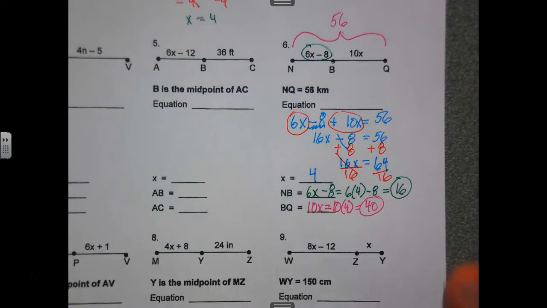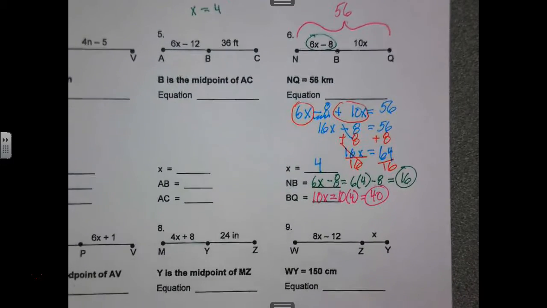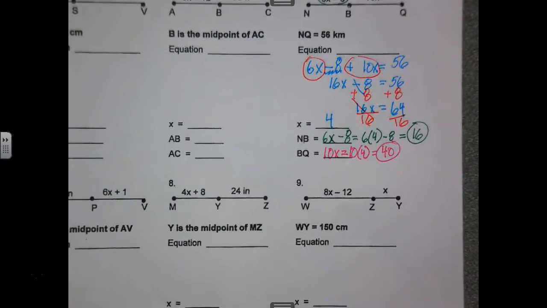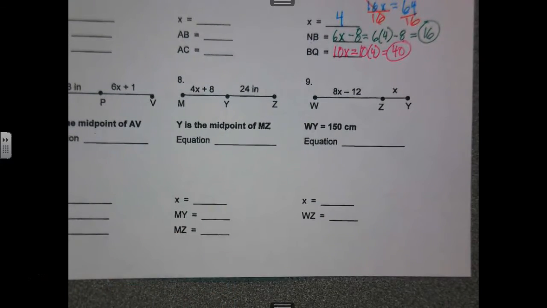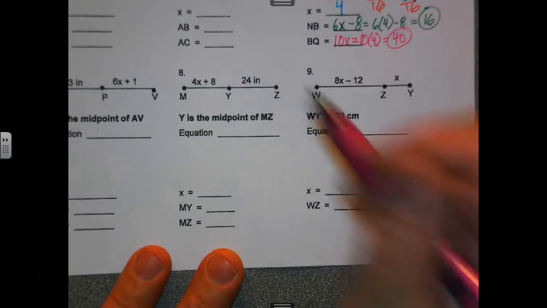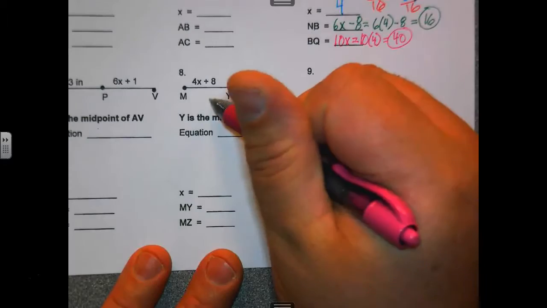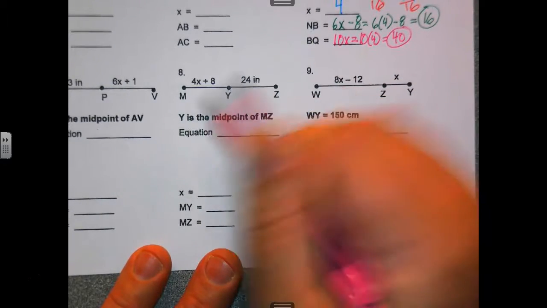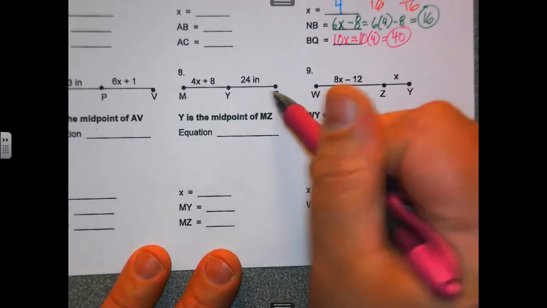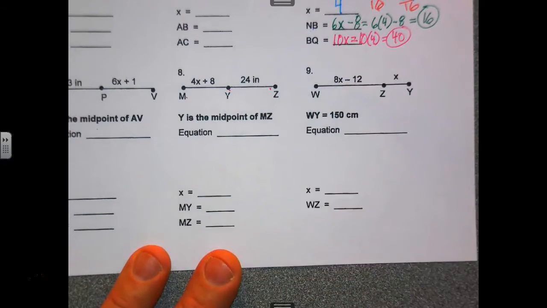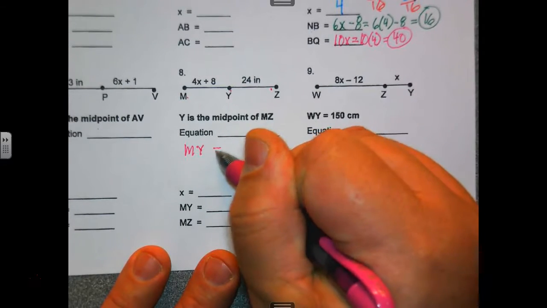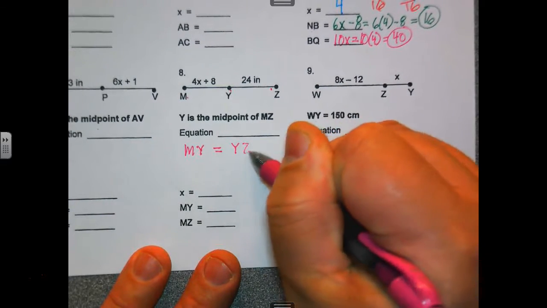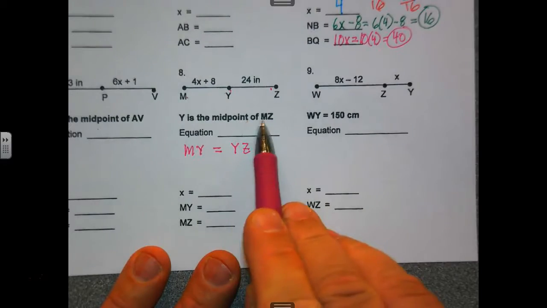Good. Let's do a midpoint one. What do you think about when you hear the word midpoint? Middle, okay? If you're in the middle of something, it means this side, MY, is going to be equal to this side, YZ. So MY is going to equal YZ because Y is the midpoint of MZ.